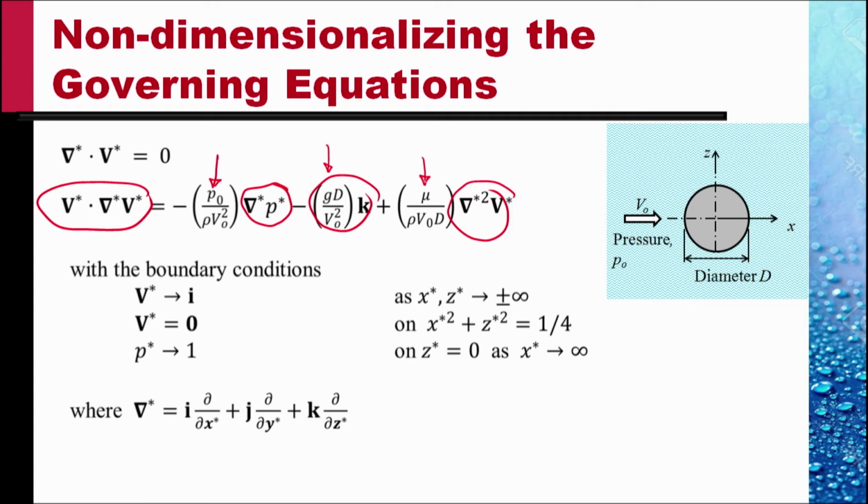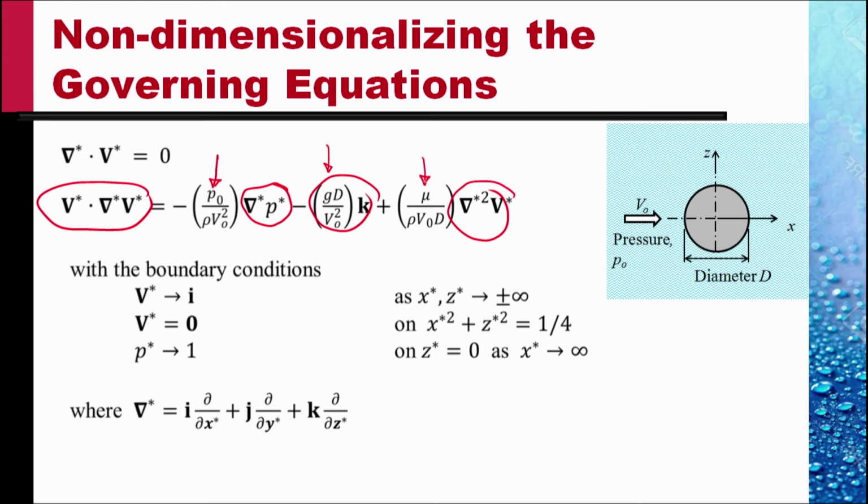Now you notice that there are only 3 groups of independent parameters: P naught by rho naught V naught square, GD by V naught square, and mu divided by rho V naught D. There are only these 3 parameters.